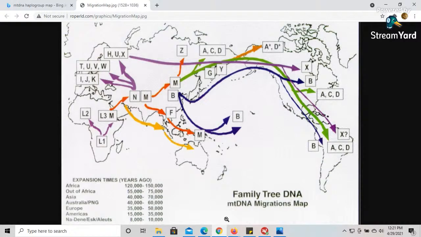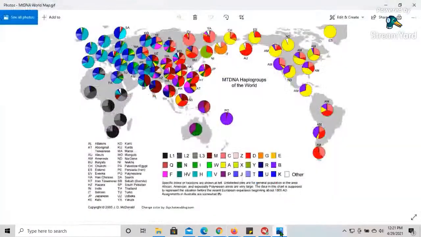We've got to go back to check this one. We'll see what it is. Where's the F? See, the Asian is the M, so it's the C, the Z, the D, the G, the E, and the Q. That's it.